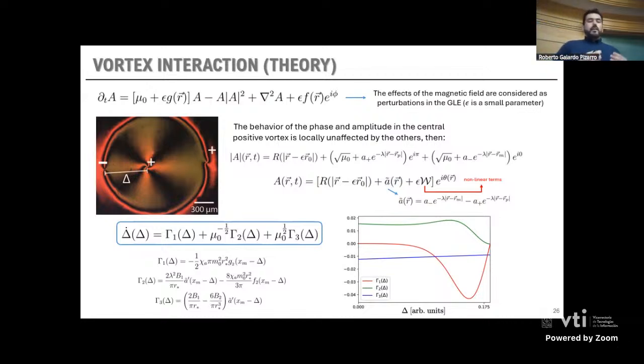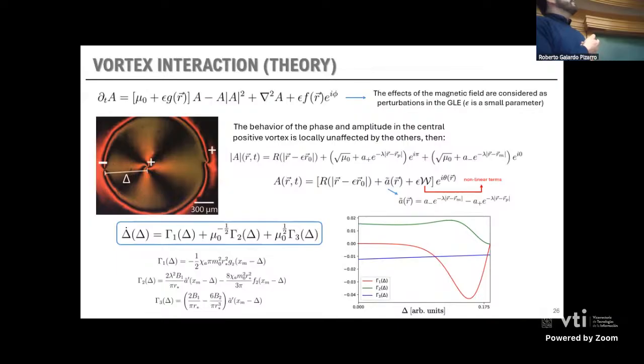The idea is that if negative, it will tell that the distance will start to decrease until some point in which this value is very roughly similar to zero, and then other kinds of interaction will be more important. This will tell us that the central part is roughly unstable and will be more stable if we increase mu sub zero. Gamma 2 is a combination of the effects of the vortex in the edge and the magnetic field. It doesn't have too much interpretation here.